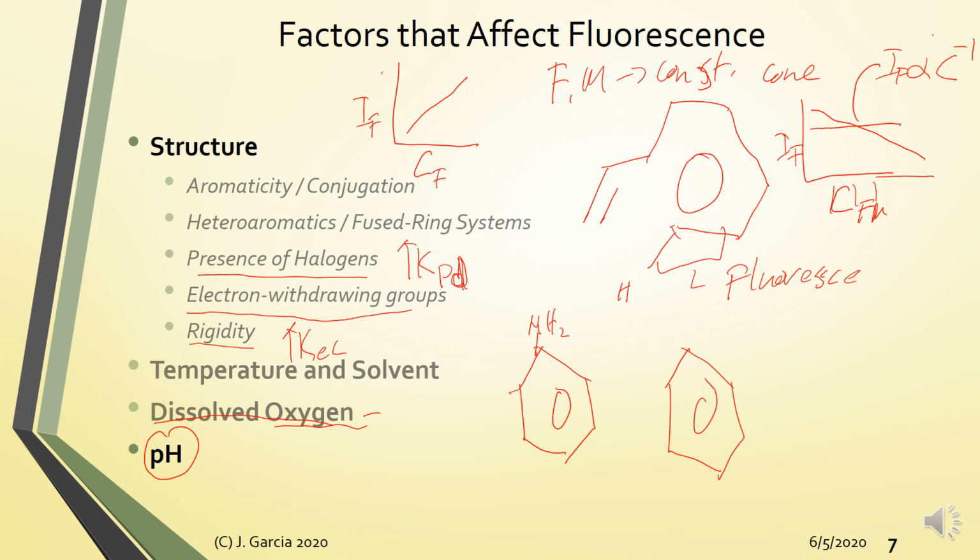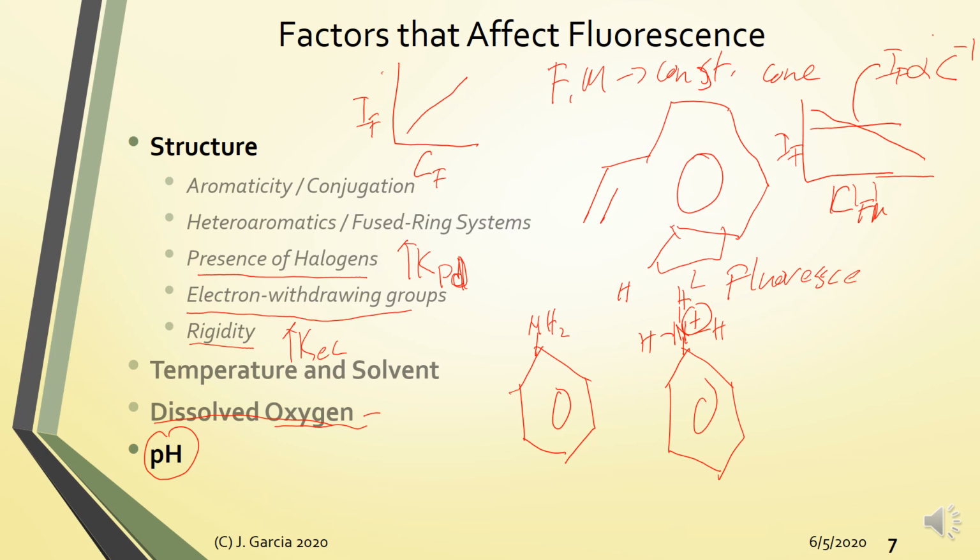So if you have the anilinium ion like this one, that will be different, and hence the manner by which the anilinium ion is expected to fluoresce will be different from that of aniline.